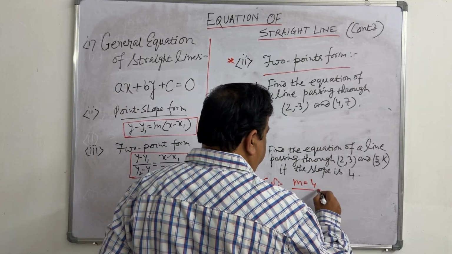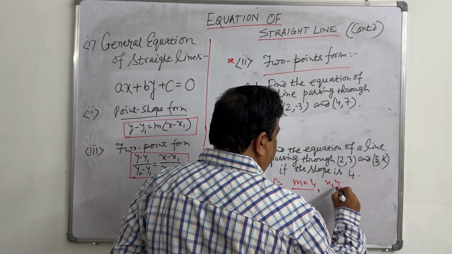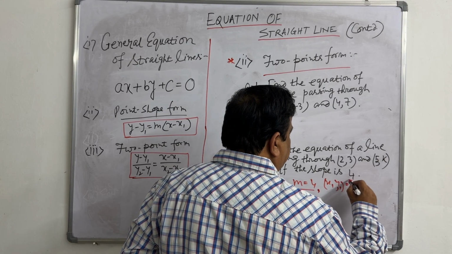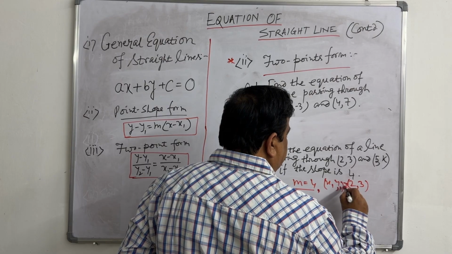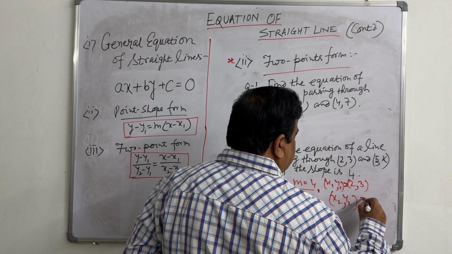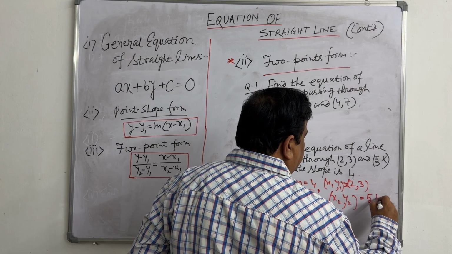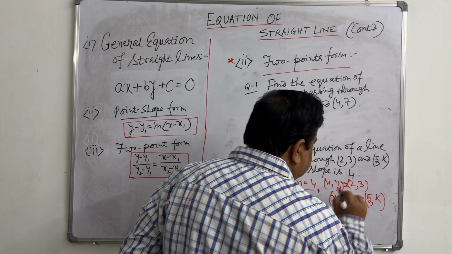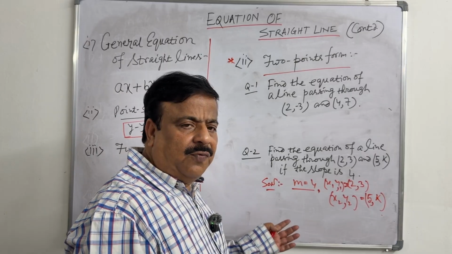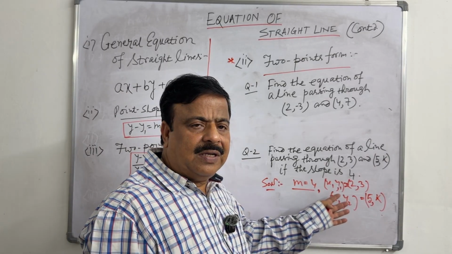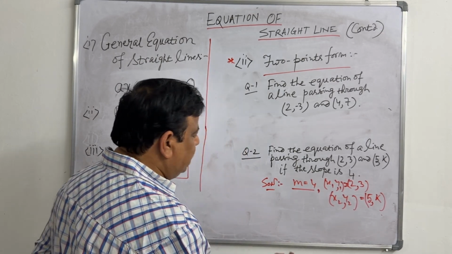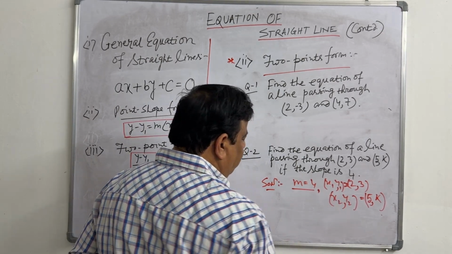Say x1, y1 is equal to 2, 3 and x2, y2 is equal to 5, k. Okay. These are given. So, if 2 points are given, then we can find the slope. So what is the slope?